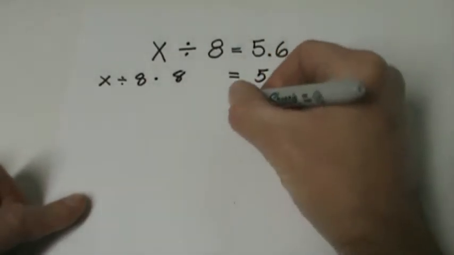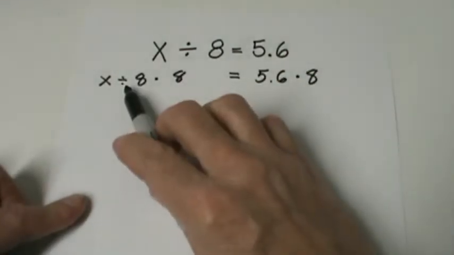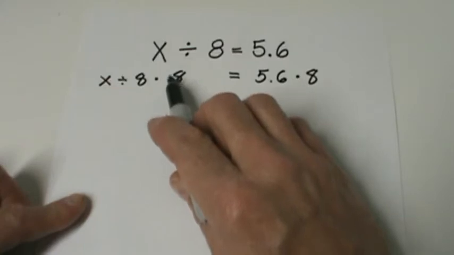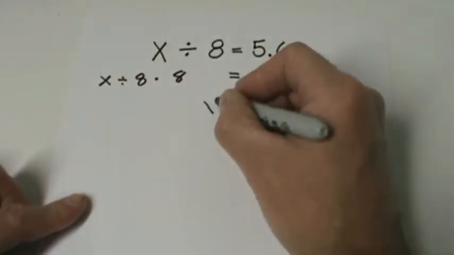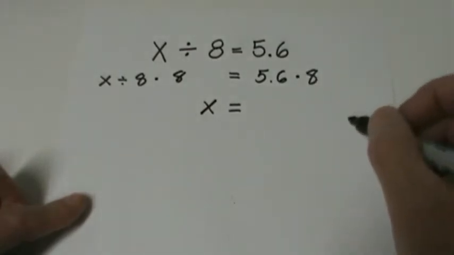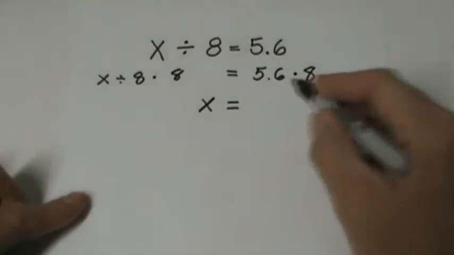So now we know that dividing by 8 will be canceled by multiplying by 8. That leaves us with x by itself over here, and now we just have to multiply over here.